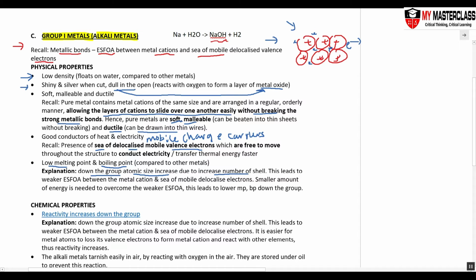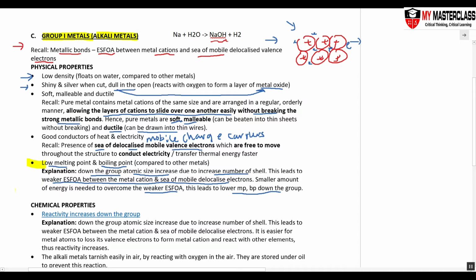So there is weaker electrostatic force of attraction between the cation and delocalized electrons, because I'm talking about metallic bond. If I want to melt or boil metal, I'm breaking the metallic bond. A smaller amount of energy is needed to overcome the weaker ESFOA, so they have lower melting point and boiling point down the group. Very common explanation they will ask us to write.